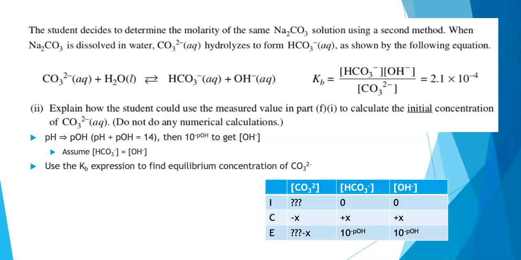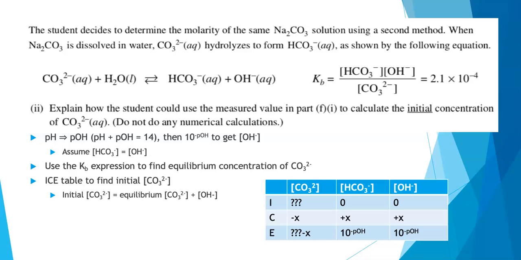And then from the Kb expression, we can find the equilibrium concentration of carbonate. So that would fill in that last bit of the table. And we have X because that's what 10 to the negative pOH gives us. So finally, from our ice table, we can find the initial concentration of the carbonate from taking the equilibrium concentration of the carbonate and adding in the hydroxide ion concentration.